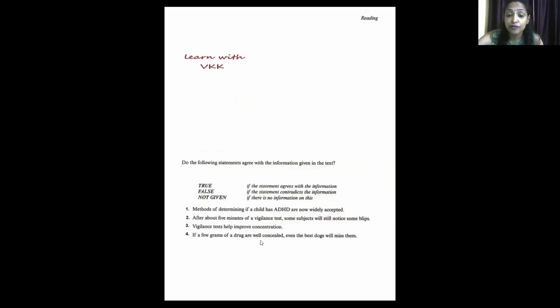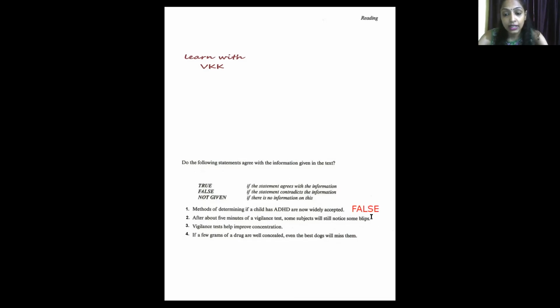A few grams of drug well concealed. Even the best dogs will miss them. The best dogs will not miss them. They will still find it. Hence, the answer will be false. I think you got it right. I'm sure you didn't answer no. It's false. So this is how you're supposed to find the answer to questions which are true, false, not given. So this was false.